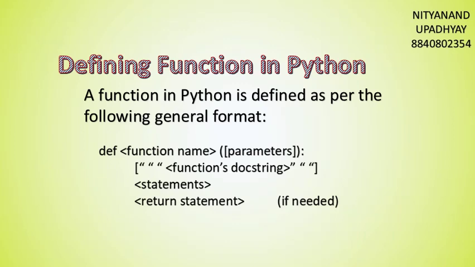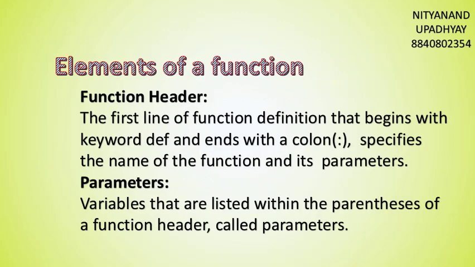After the colon sign you change the line, and then you maintain the indentation, and after that you can write a function docstring as a comment if anything is available. Then you write all the required statements of the function, and at last if there is a need to return any value from the function, you can write a return statement.